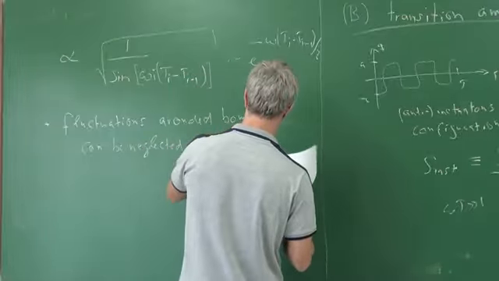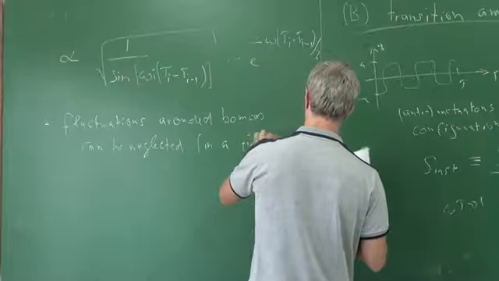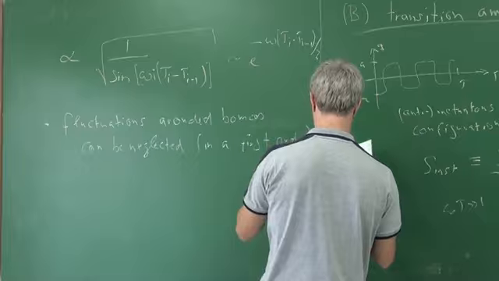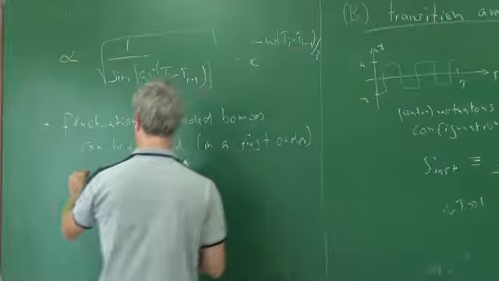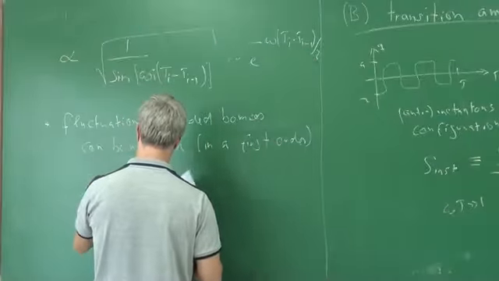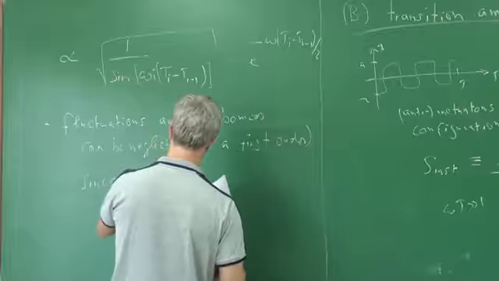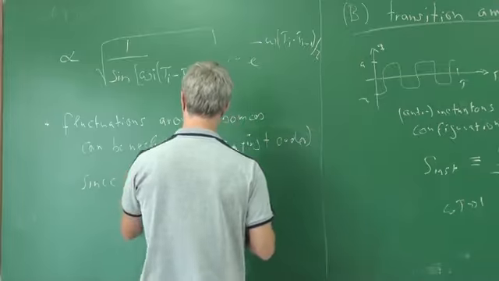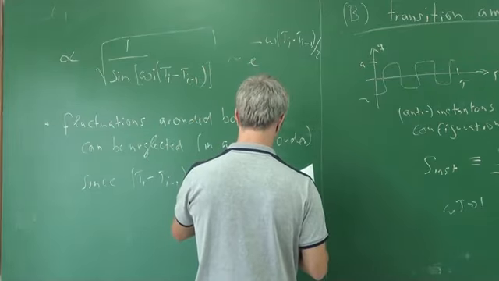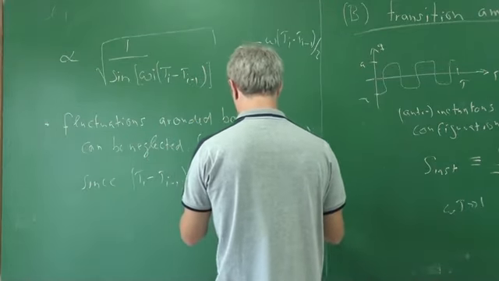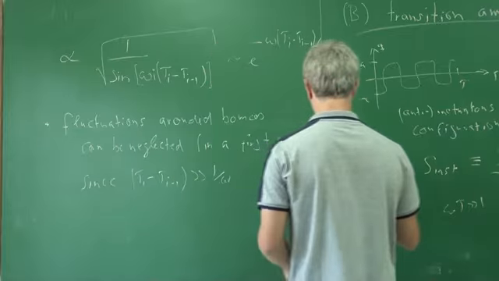The first order approximation is in first order, since what we said is that this is much larger than 1 over omega. So the dilute gas approximation.